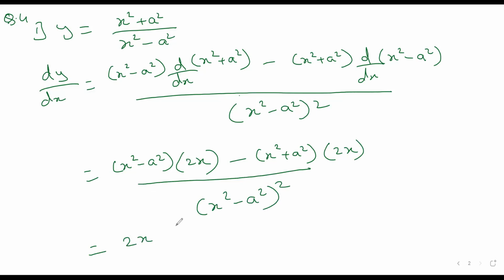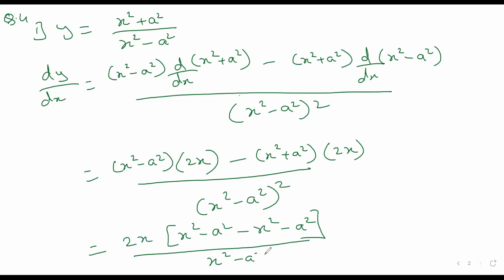We will take 2x common. It is x square minus a square minus x square minus a square, whole thing upon x square minus a square bracket square. X square cancel. We can write it as 2x minus, x square cancel, minus a square will become minus 2a square.